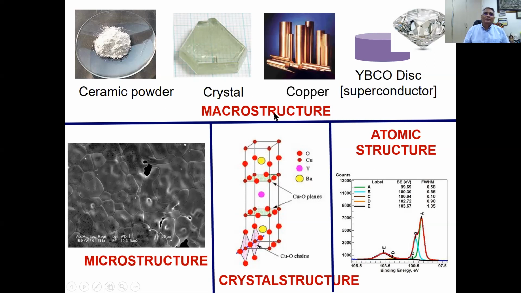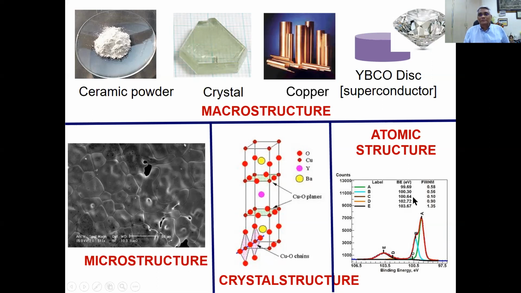This is a beautiful slide, actually. Macrostructure is what you just see and quickly say that this could be that. But microstructure is a little deeper and says that this is a polycrystalline material. That means the physical properties will not be as good as a single crystal. Then crystal structure is required to understand whether the unit cell formation is there or not.